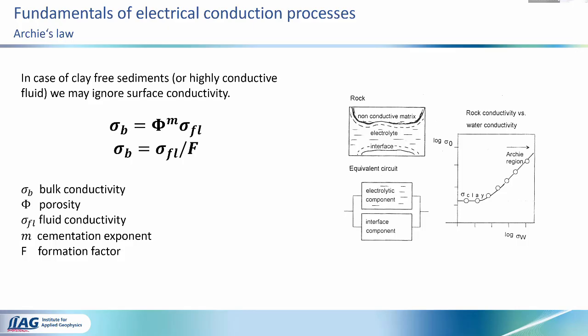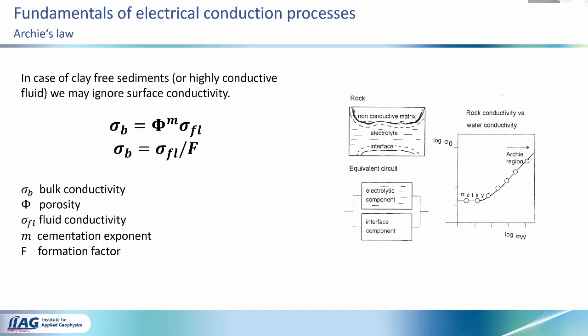So if we now forget about surface conductivity for the moment, a typical way, if I don't want to know explicitly about porosity and cementation exponent, sometimes you're going to find equations that just shorten them to this F, which is the formation factor, which holds porosity and cementation component.